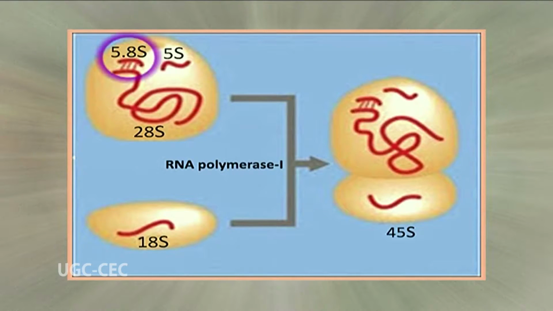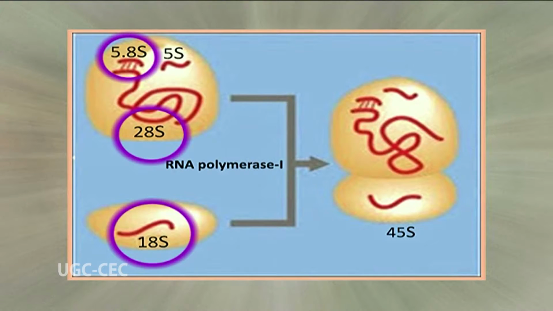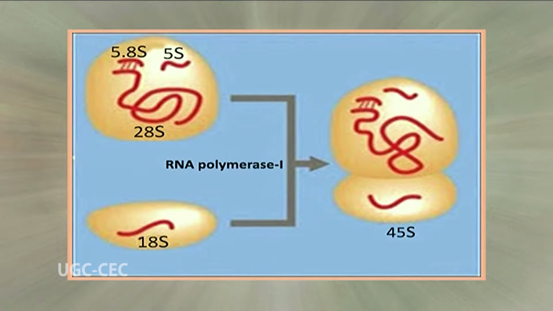The 5.8S, 18S and 28S rRNAs are transcribed as a single unit within the nucleolus by RNA polymerase I, yielding a 45S ribosomal precursor RNA.